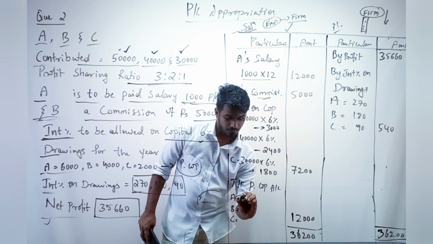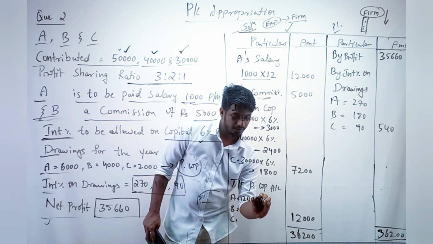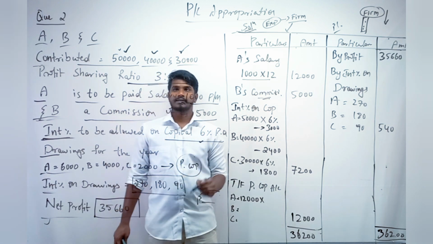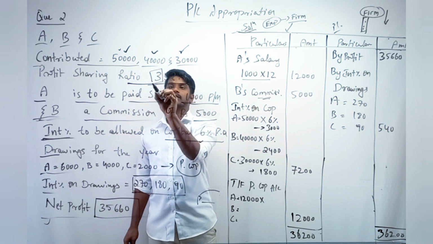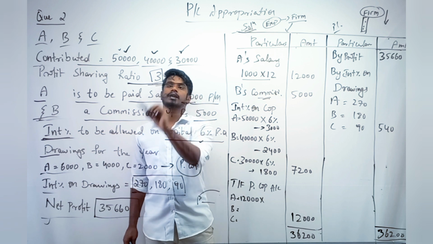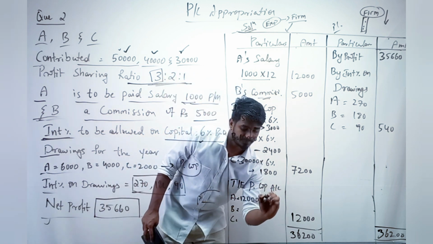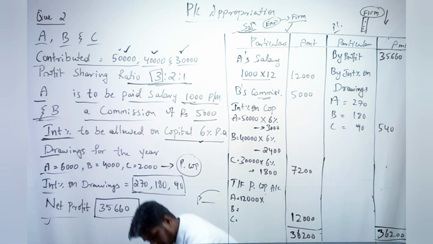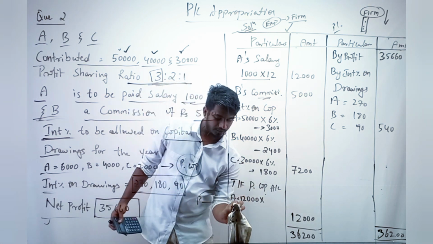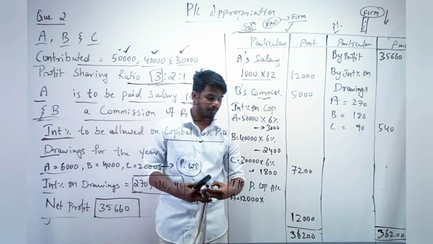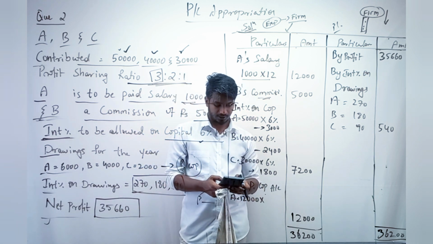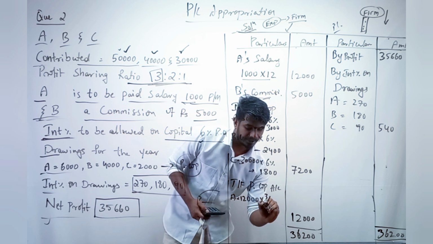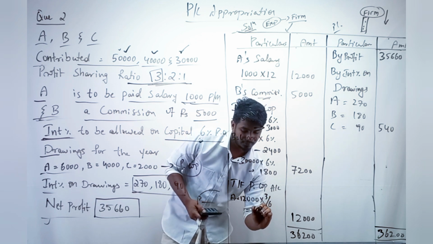For A, it is 12,000 into 3 by 6, which is 6,000.